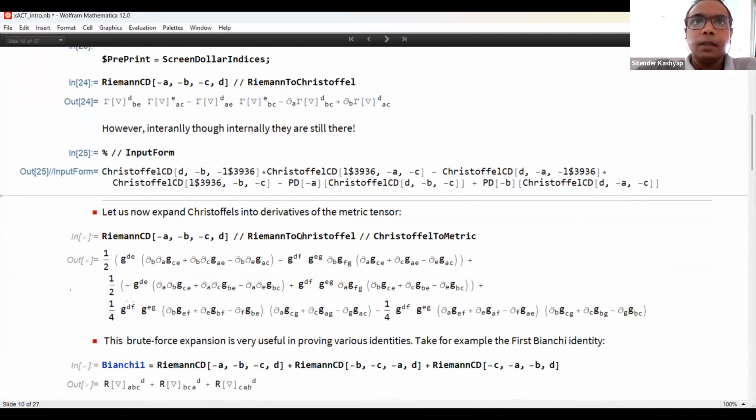Now, here's the idea. There is this Riemann CD, ABCD, and then we convert Riemann to Christoffel, and then Christoffel to metric. Let's do it in 2 steps actually.